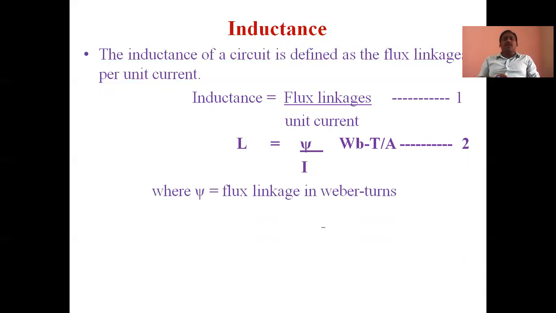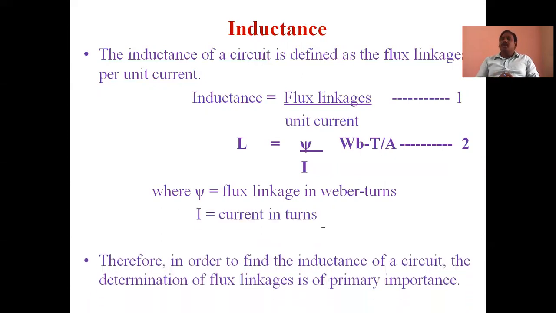So what are the units for flux linkages? Flux linkages psi is equal to n into phi, where n is the number of turns and phi is the flux. So the units of flux linkages are Weber turns and current is ampere. Then the unit of inductance is Weber turn per ampere.